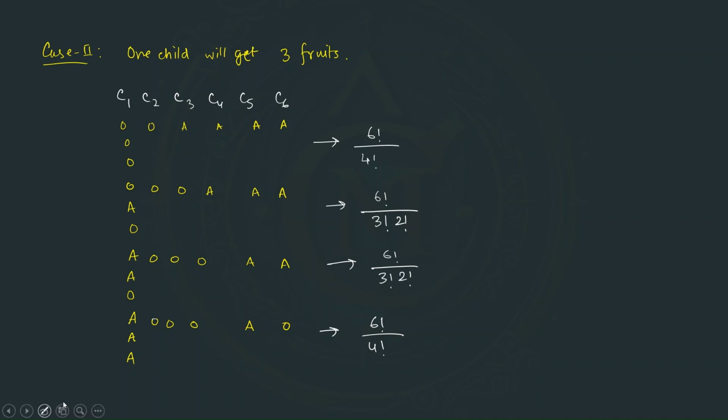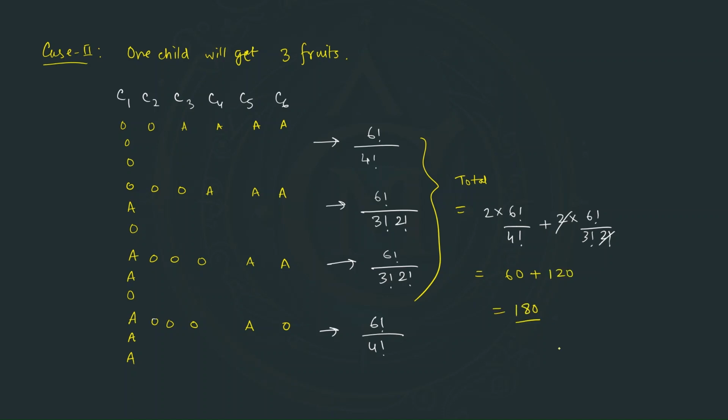So here the total number of ways in case 2 will be equal to 2 times 6 factorial divided by 4 factorial plus 2 times 6 factorial divided by 3 factorial 2 factorial. So this if we calculate, it will be 60 plus this is 120, so 180.